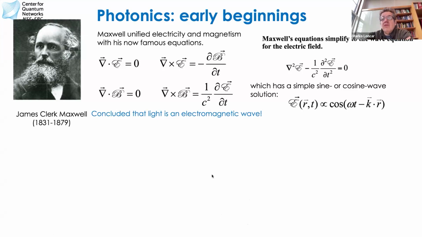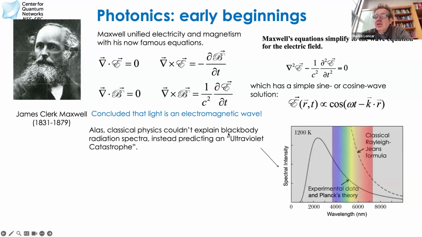You can think of photonics as a subfield of electromagnetism, and also a subfield of optics, which is essentially governed by Maxwell's equations, listed here, that describe propagation of electromagnetic waves, and therefore also light, in free space and in a medium. Maxwell unified electricity and magnetism to derive these equations.